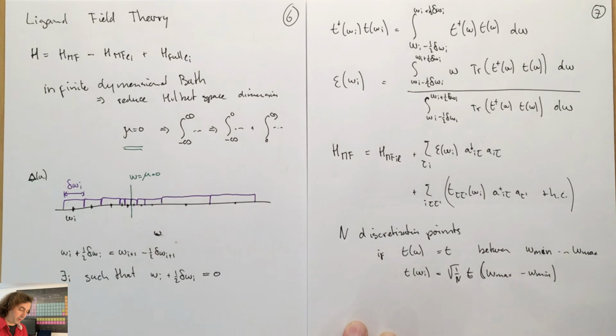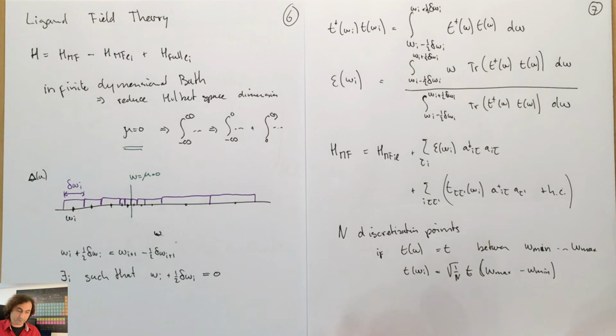So the hopping scales with 1 over the square root of the number of discretization points.